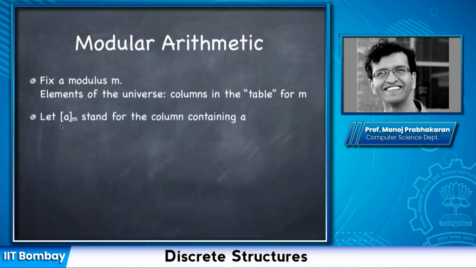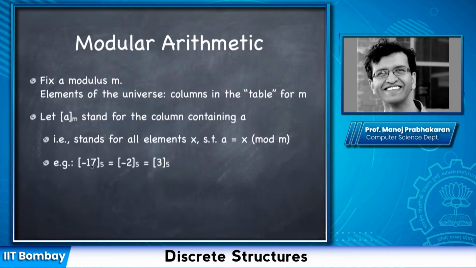And I will denote it for the purpose of this lecture by this kind of notation. So A is some element, some integer, and box A sub m stands for the column containing A. More formally, it stands for all x which are congruent to A with respect to the modulus m. Okay, so you could think of that as the set of all elements in that column.